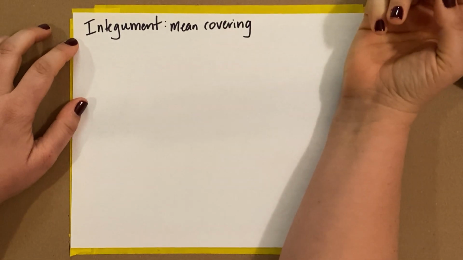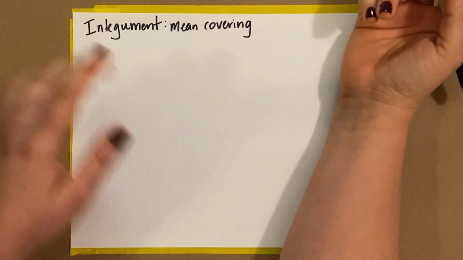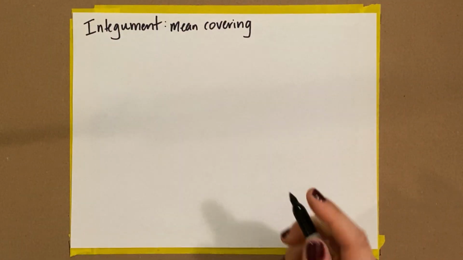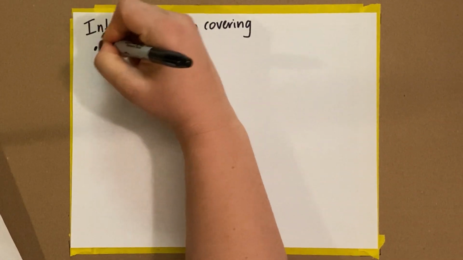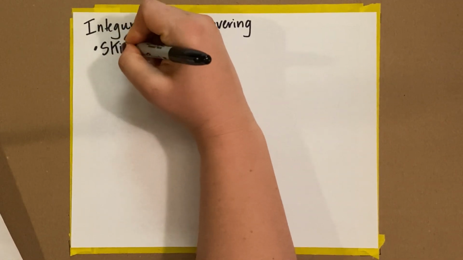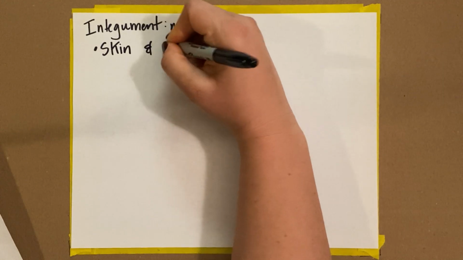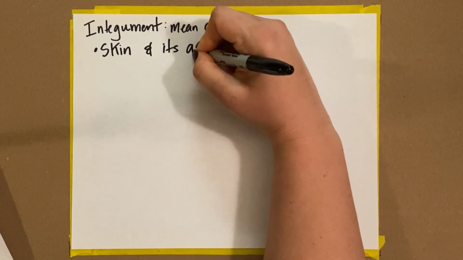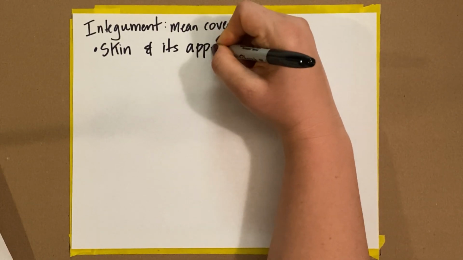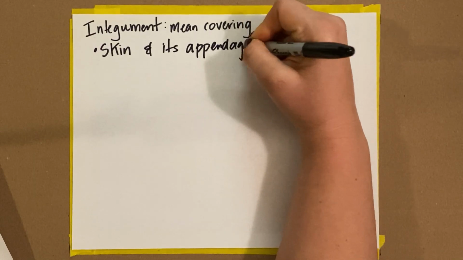And so this is going to be the covering of our body. It's going to cover the external part. Okay, and so again, it's going to contain the skin and its appendages. And so we'll talk about what those appendages are.